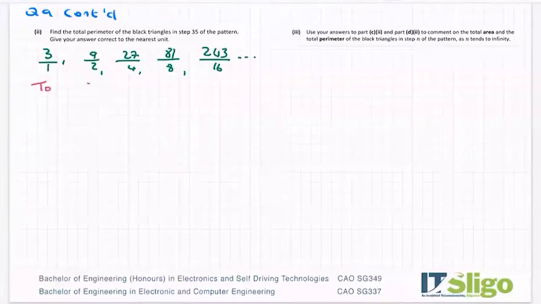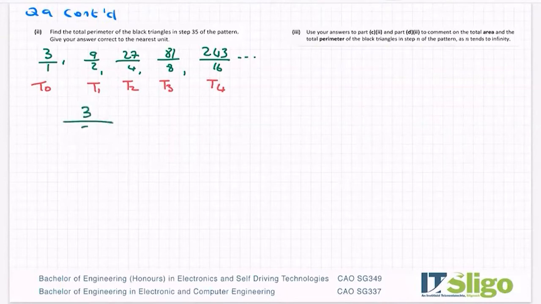I'm labeling my terms T0, T1, T2, T3, and T4, and seeing how I get from one to the other. On the top there's a multiply by 3 going on, and on the bottom a multiply by 2. Then I have to figure out whether it's to the power of n or what.